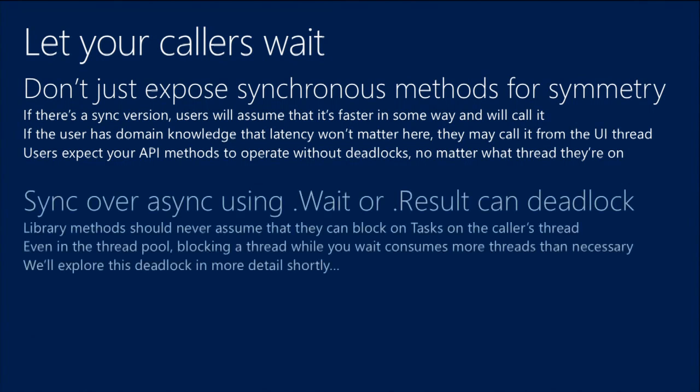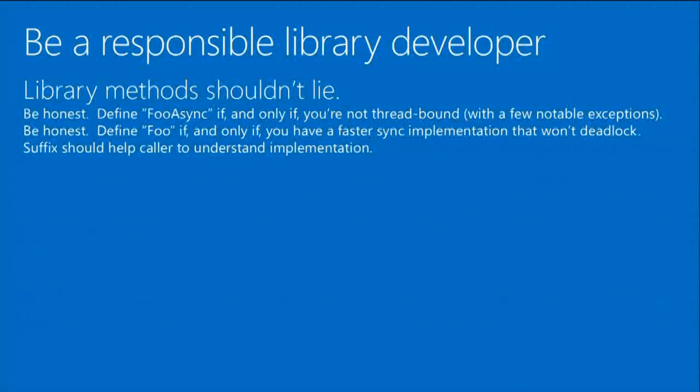Really, what we've done is we've been abusing the contract that we had. When the user saw that there was a synchronous method, they thought they could call it safely, and we abused that. I mean, if we offer a synchronous API in our library, the user isn't going to say, oh, sorry, it's my fault for calling it from a UI thread.